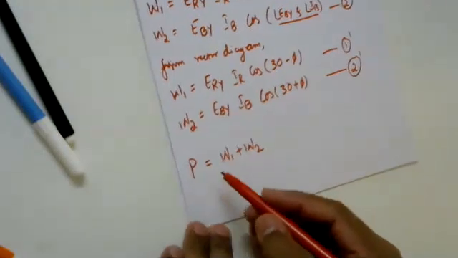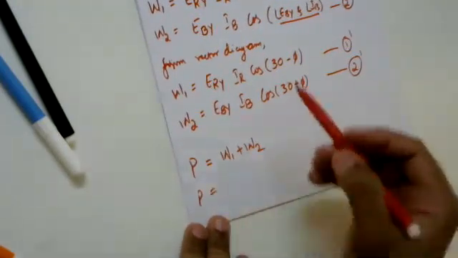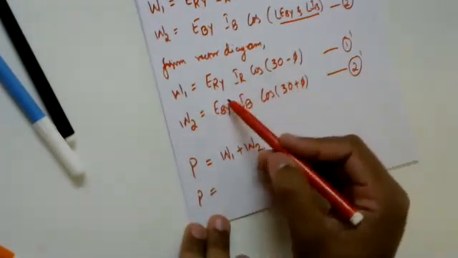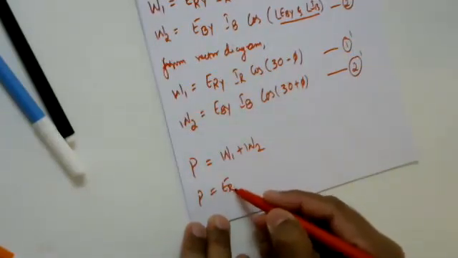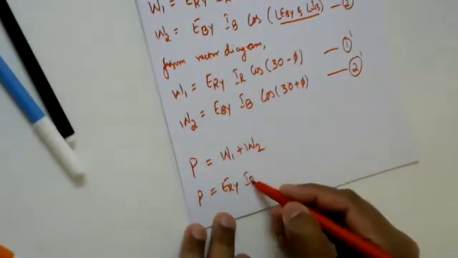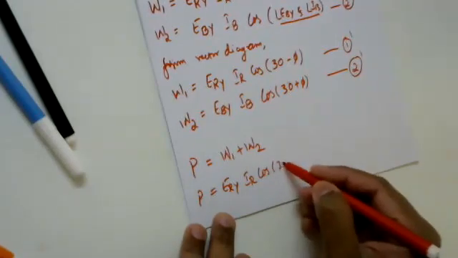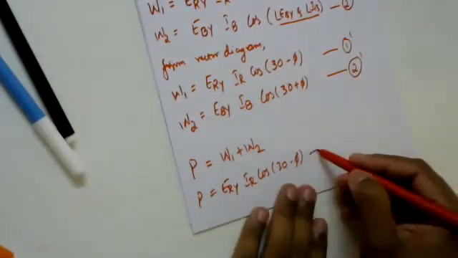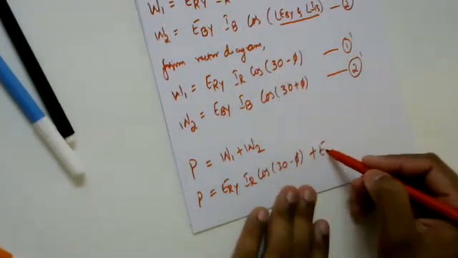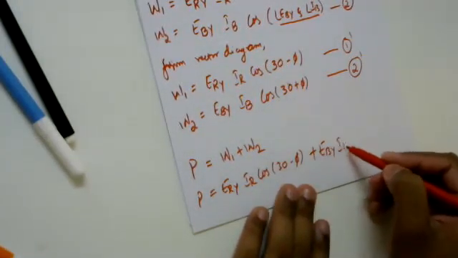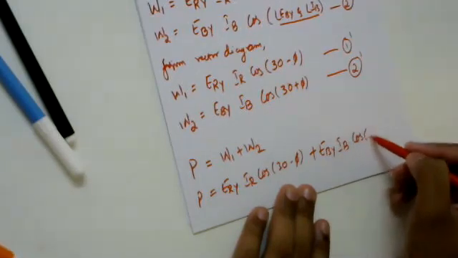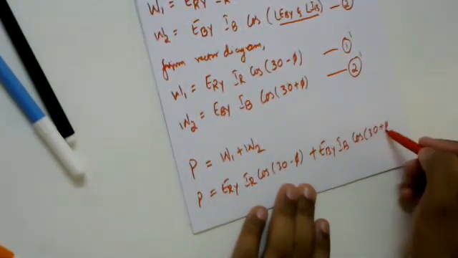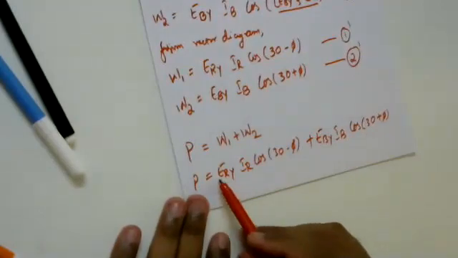Now I can write the equation for P as ERY into IR cosine of angle 30 minus phi, plus EBY into IB into cosine of angle 30 plus phi. Now, what is this ERY?